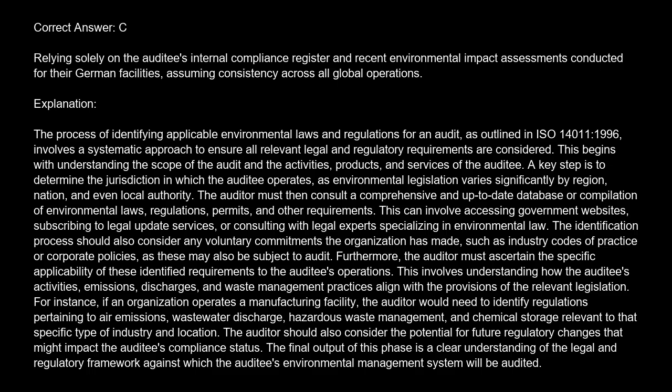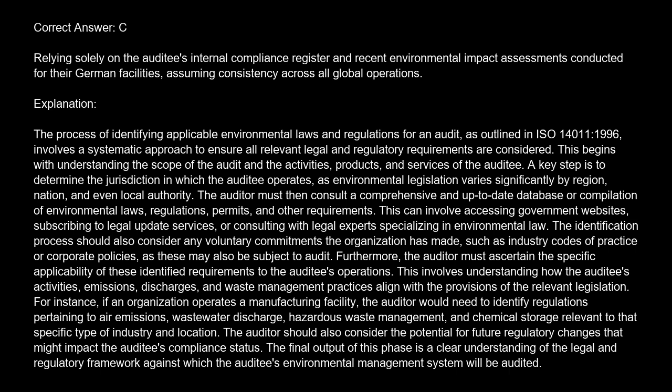This begins with understanding the scope of the audit and the activities, products, and services of the auditee. A key step is to determine the jurisdiction in which the auditee operates, as environmental legislation varies significantly by region, nation, and even local authority.